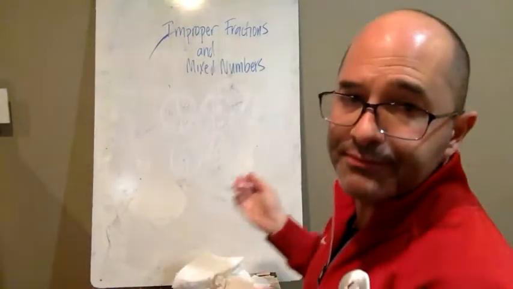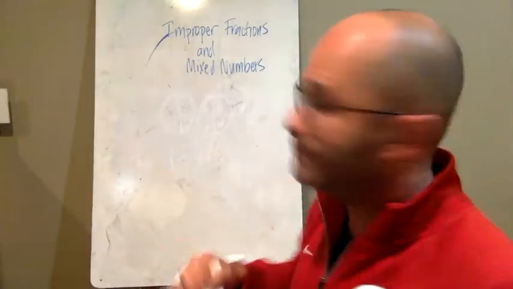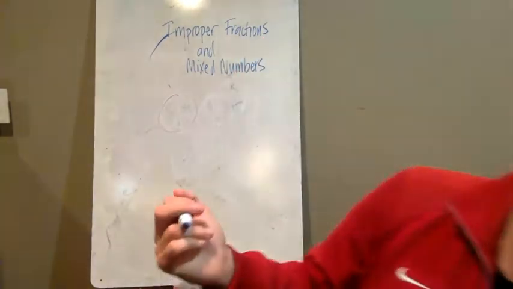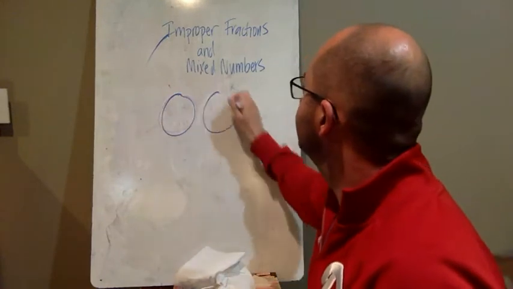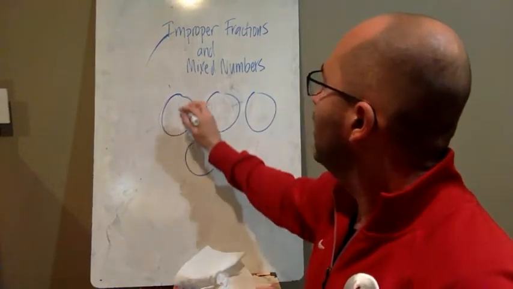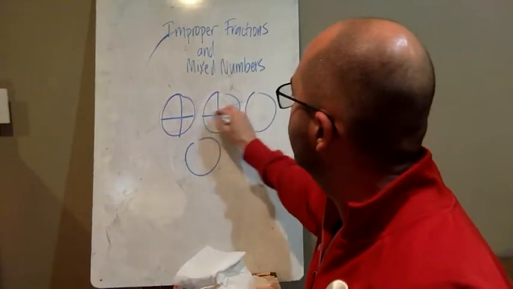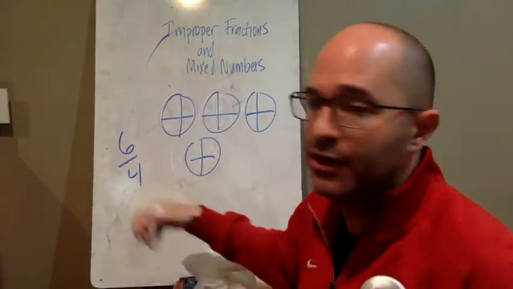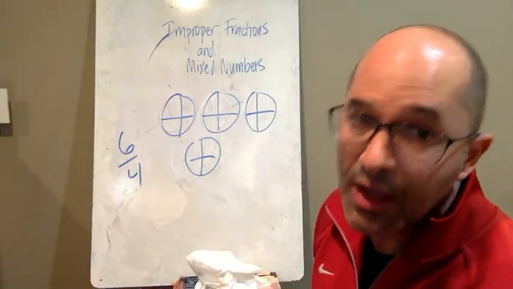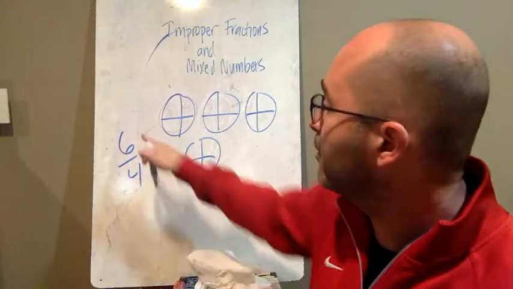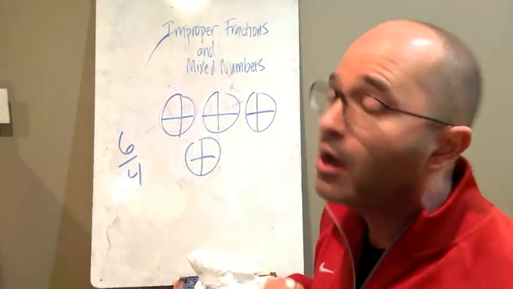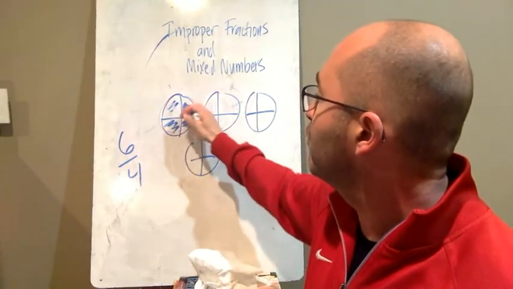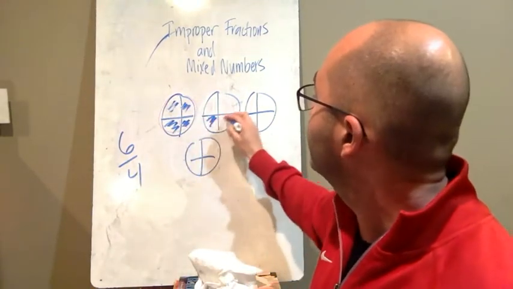Let's try another one, and now I'll also show you another way to solve it. I feel like the pink isn't very visible, so I'll just stay with blue. Again, let's make these into fourths, and let's say 6/4 were eaten. You want to know what 6/4 is equivalent to as a mixed number. 6/4 is improper because the numerator is greater than the denominator. 1/4, 2/4, 3/4, 4/4 is one whole. 5/4, 6/4.